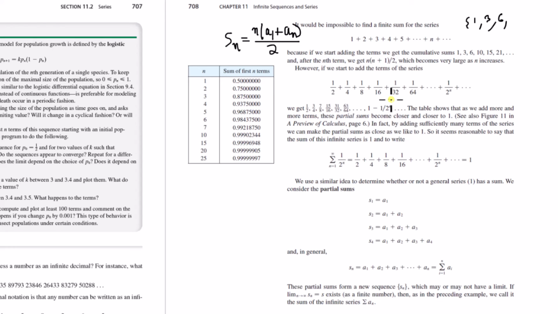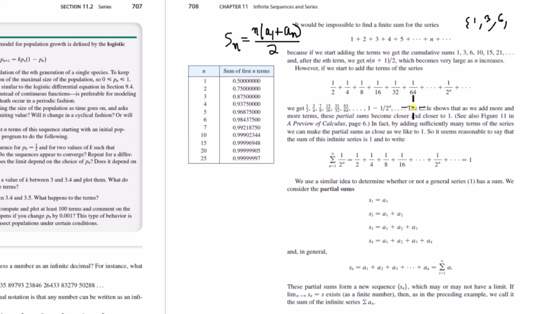We're adding the terms of the sequence, but then what they do is they say, okay, the S sub n for this sequence starts at 1/2, and then 1/4 plus 1/2 is 3/4. 1/8 plus 1/4 plus 1/2 is 7/8, and they get this new sequence that they label S sub n. Anytime you see an S sub n, either in formula form or written out like this, it has a corresponding A sub n that you're adding the terms of.